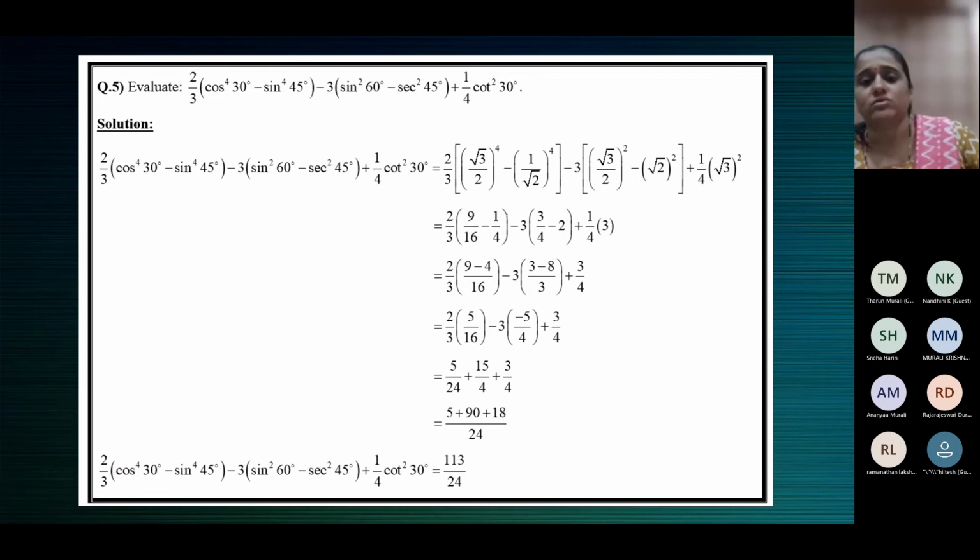So you just have to get the values from the table and write the appropriate powers, power 4 or power 2, and simplify. That's all. Take the LCM and simplify. Here you don't get an irrational denominator. So you just have to take the LCM, and this is what it is. 113 by 24.